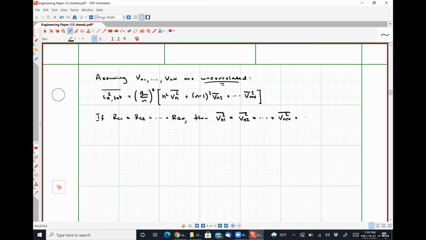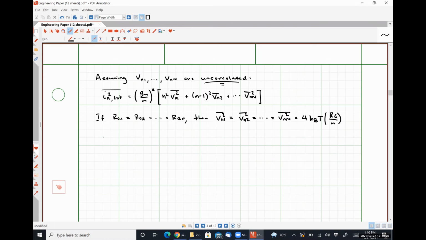And these will all equal exactly 4 kBT multiplied by Rg divided by n, right? So if they all have the same resistance, then they all generate the same noise voltage spectral density. And I've broken up that whole resistance into n subcomponents.